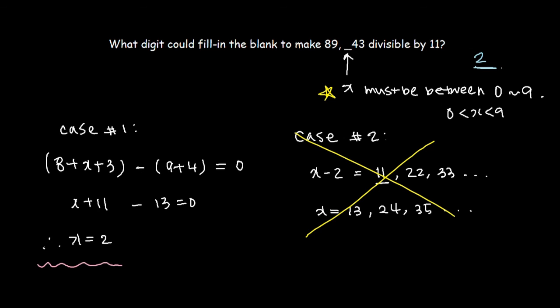Whenever you see this type of question, or any question relating to a missing digit, just set that digit to equal x, and always remember that the digit can't go beyond 9, because we're only looking for single-digit numbers. So the answer to this question again is 2.